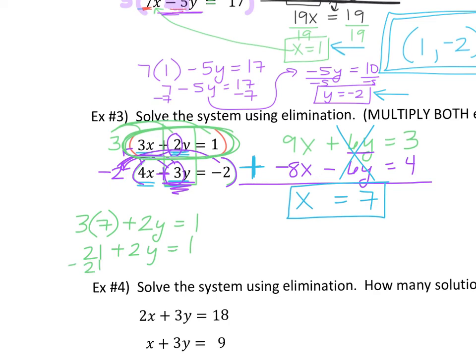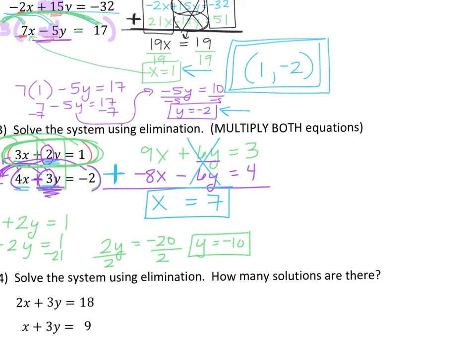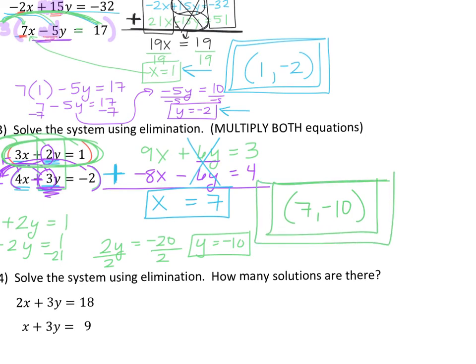We're going to take away the 21. So you get 2y equals negative 20. And then we're going to divide by 2. So y would be negative 10. And that would be your answer. So you would get 7, negative 10. And that's your answer.